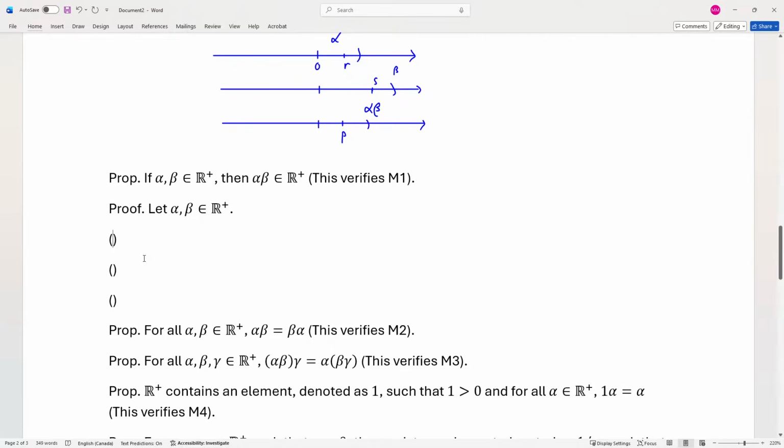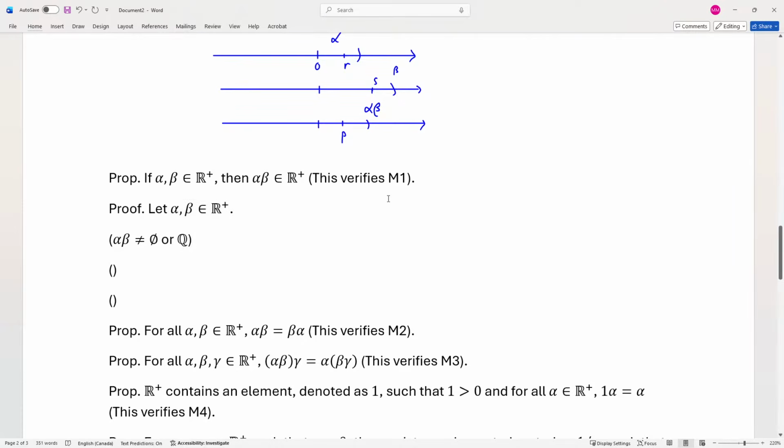So here we have this property that needs to be verified: alpha times beta is not the empty set, and not the whole of the rationals. So we need to do this proof first.